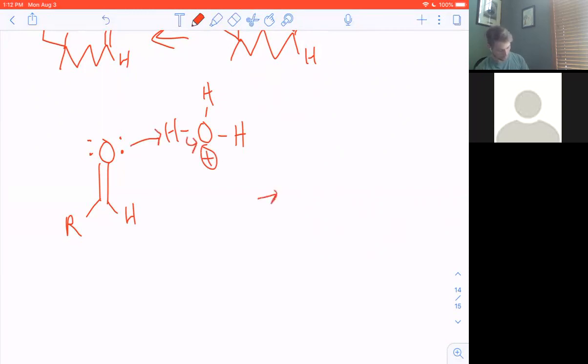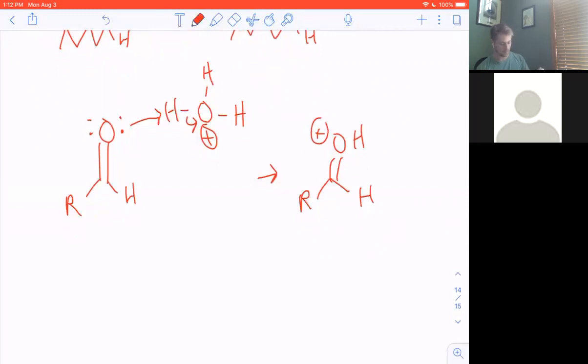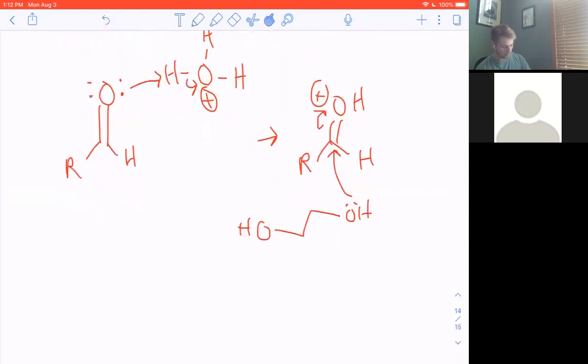What you'll now have is something that looks like this. The oxygen is positively charged. What's going to happen then is basically the protecting group looks like this. One of these oxygens, one of those lone pairs, is going to come in, attack the carbonyl carbon, and move that lone pair up. So what you now have is going to look like this. Technically, all of these could go both directions.